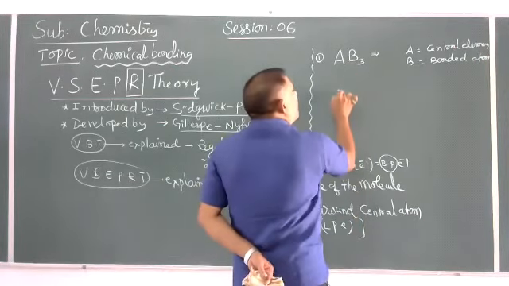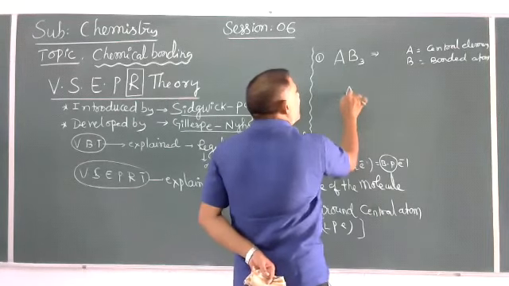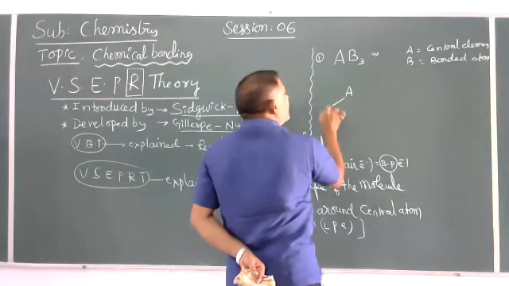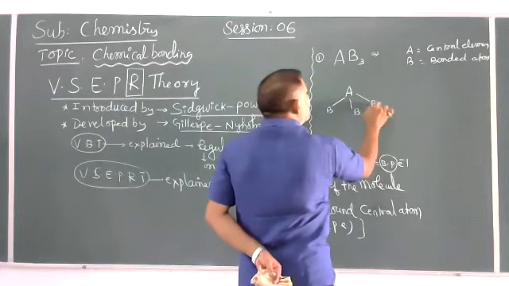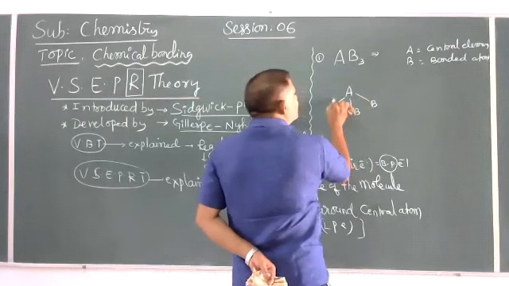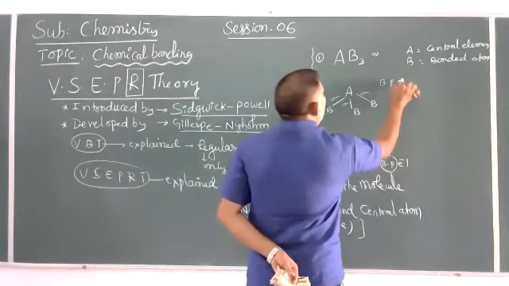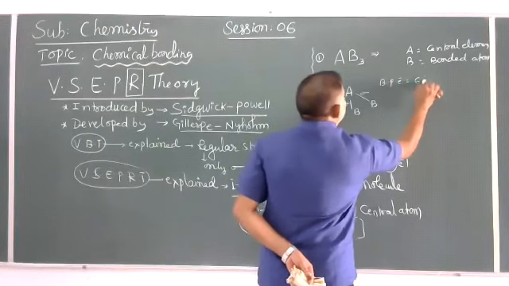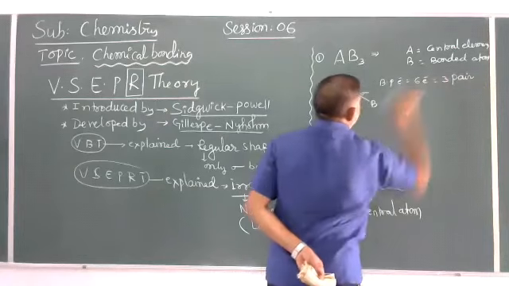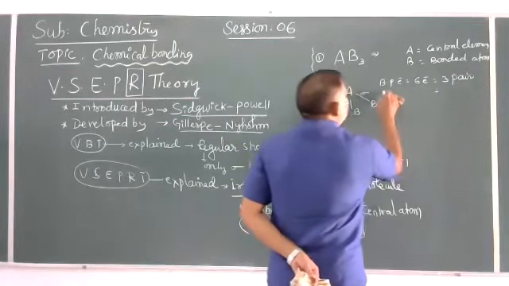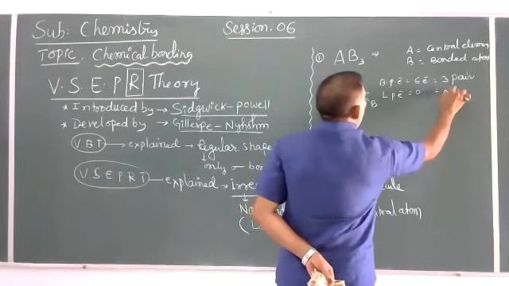Three B atoms are bonded around the central atom A. 1, 2, 3 sigma bonds are there. The bond pairs are 6 electrons, 3 pairs, and there are no LP electrons, no lone pairs.